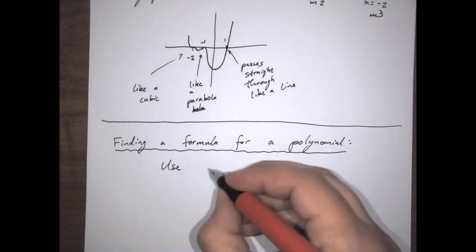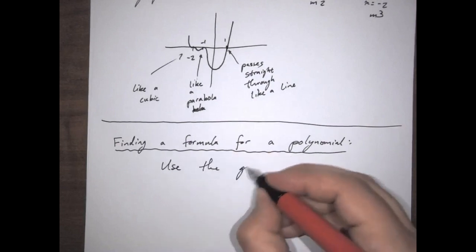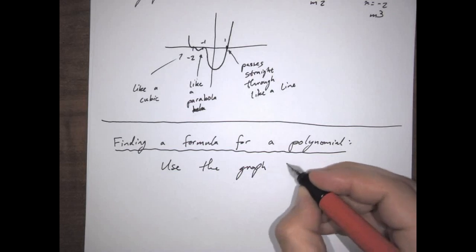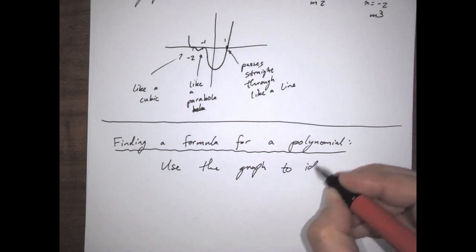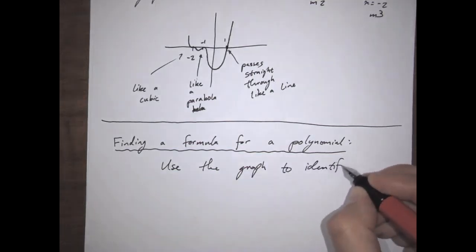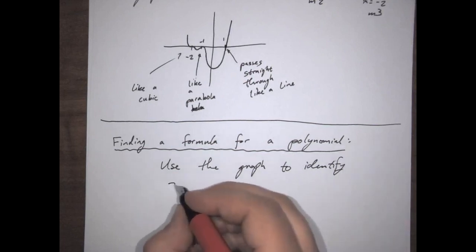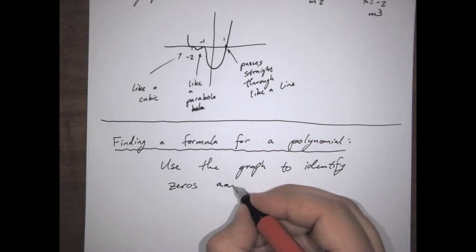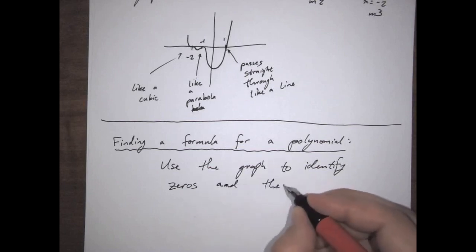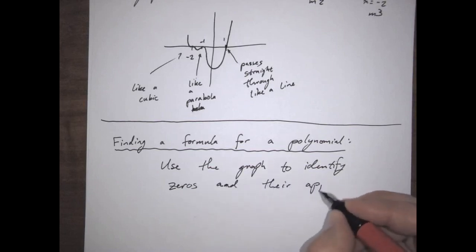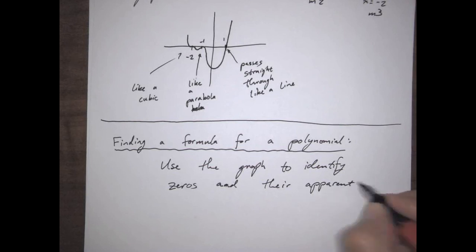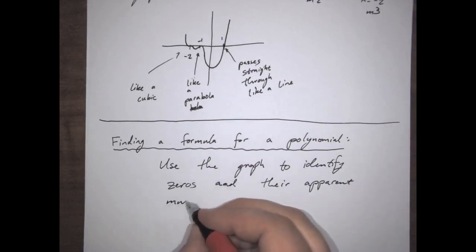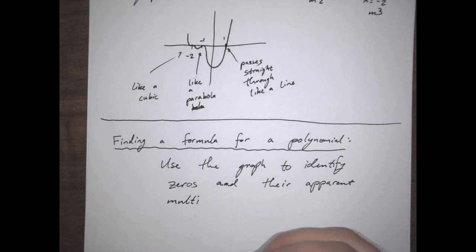So use the graph to identify the zeros and their apparent multiplicities.